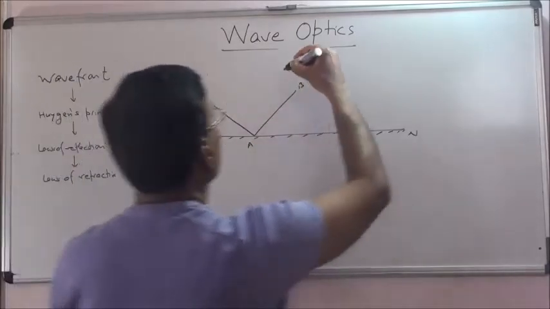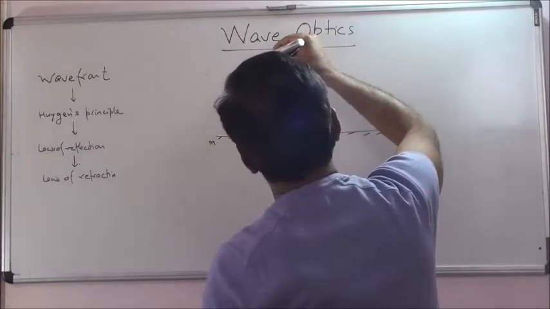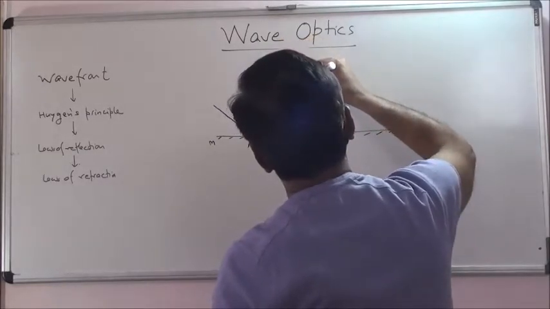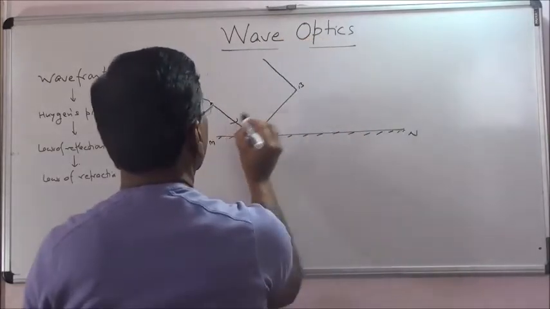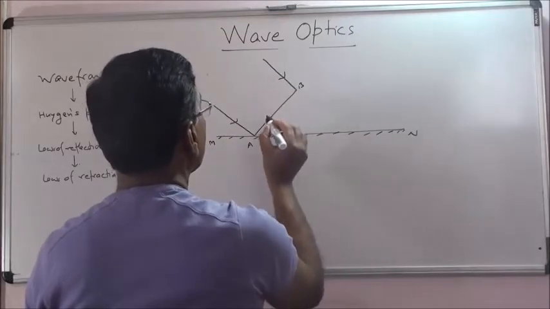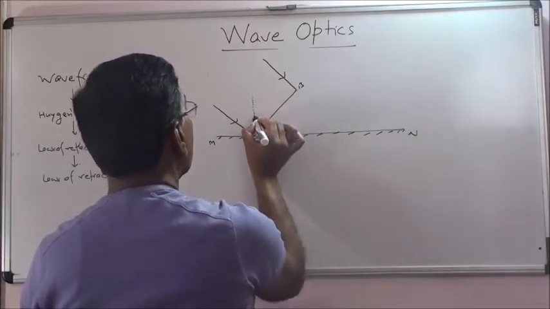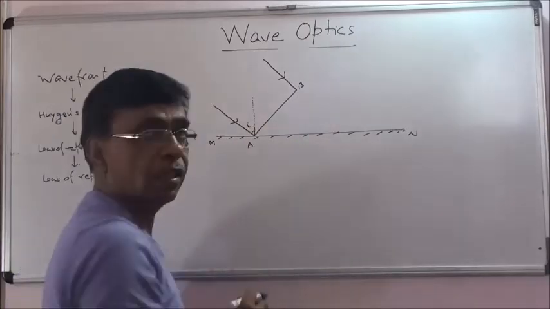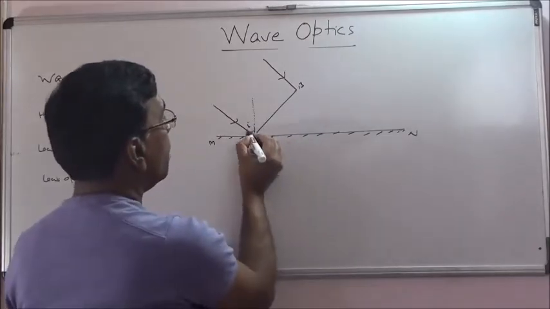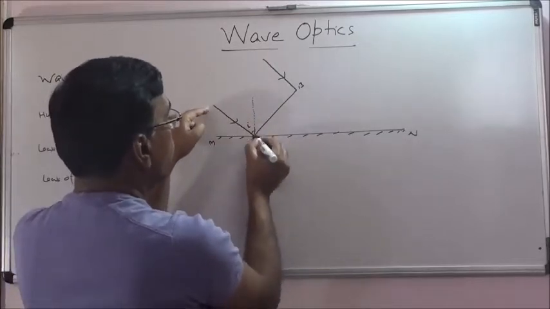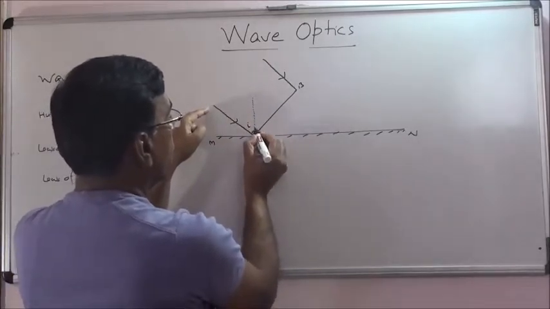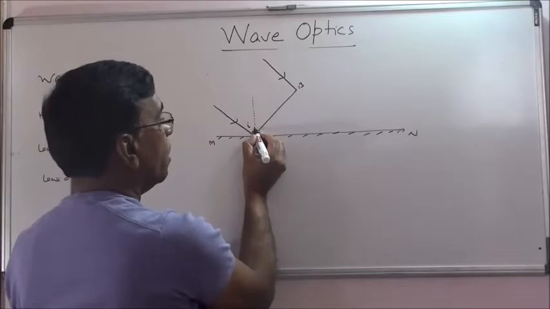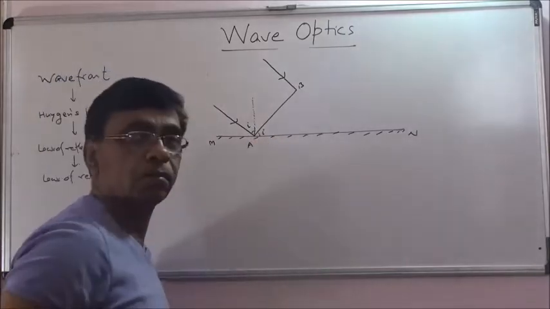We are used to ray diagrams, so it makes it easier. So this is the incident ray, this is the incident ray. Okay, and this will be the normal, so this will be the angle of incidence, and this is 90 degrees. The ray is perpendicular to the wavefront, so it is 90 degrees. So this will be 90 minus i, so this will also be i.